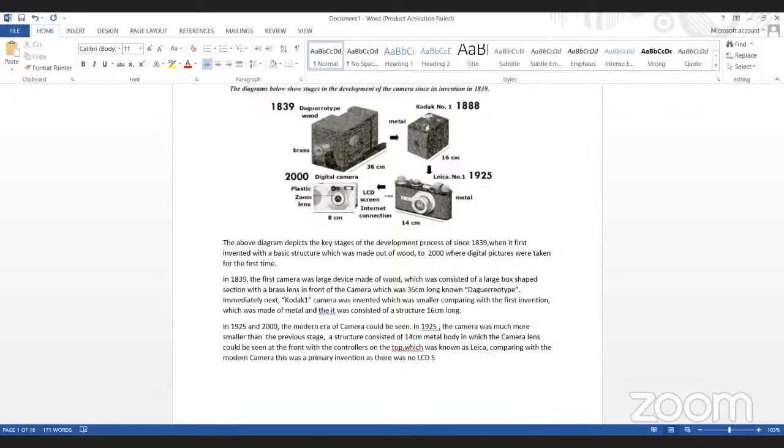Sorry, LCD screen, comma, plastic zoom lens, right? Plastic zoom lens, full stop, which consisted of 8 cm body.